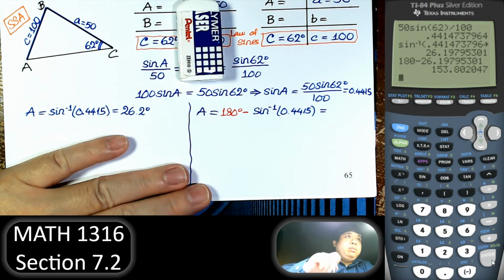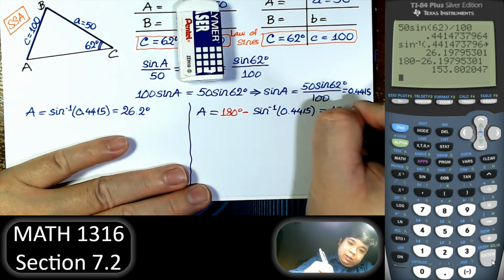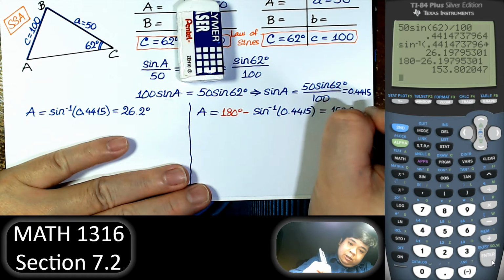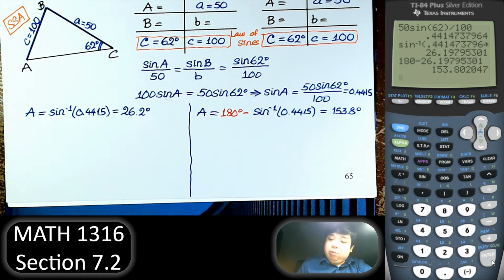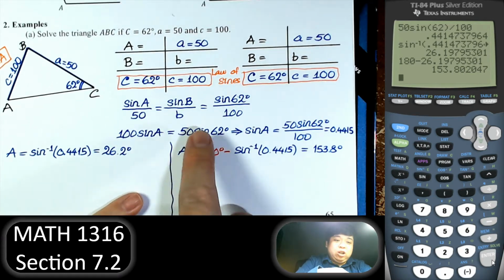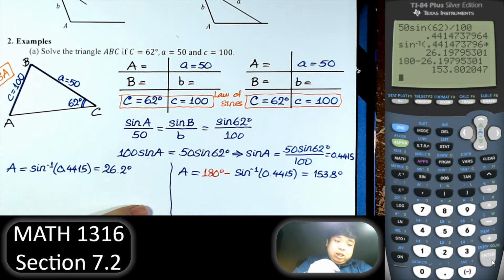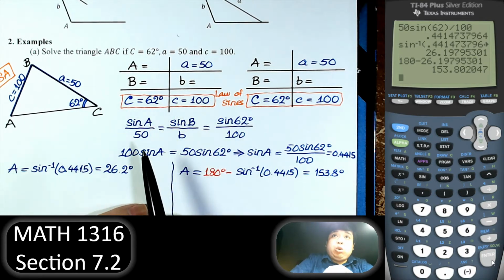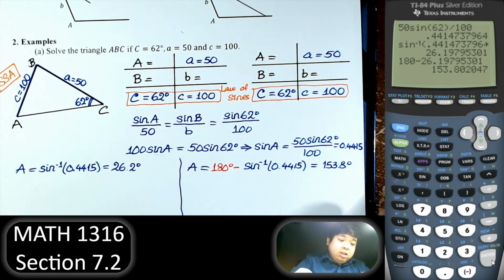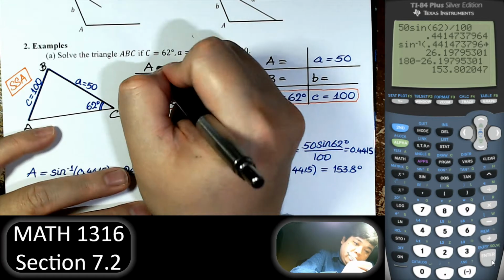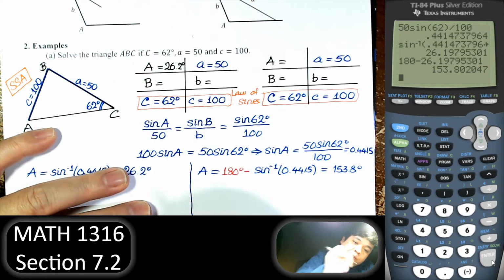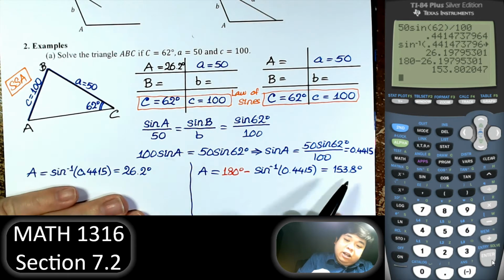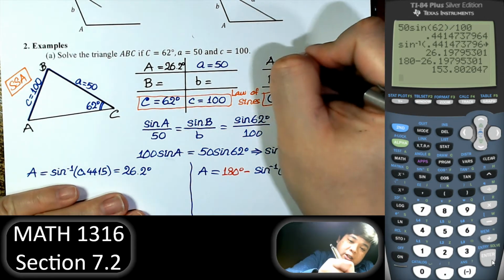That's 153.8. Right, so that's what we have. Now put both of those pieces of information into our table, potential solutions. We might have two, so we're just going to do both. First angle A is 26.2 degrees, and angle A is 153.8.